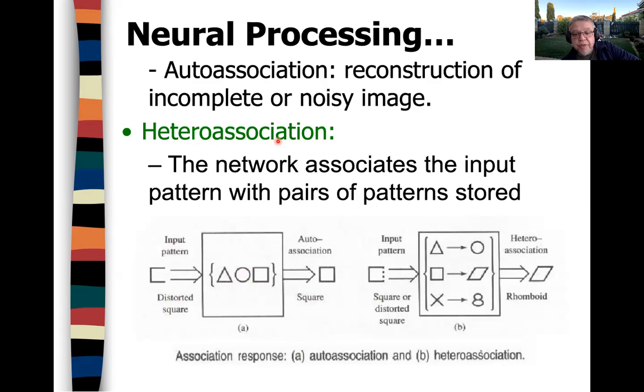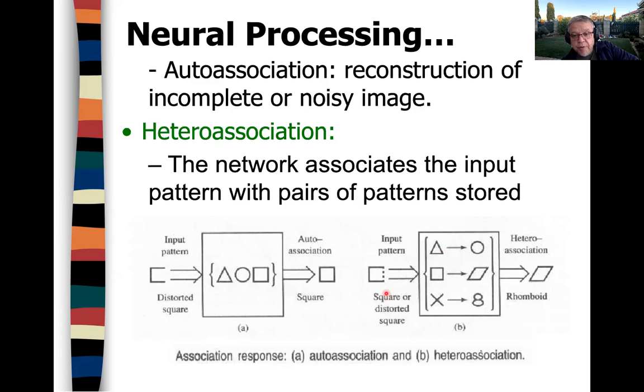In the case of heteroassociation, you have some sort of association of objects of a heterogeneous nature. For example, this triangle is associated to a circle. It's like associating an actor to a certain movie.